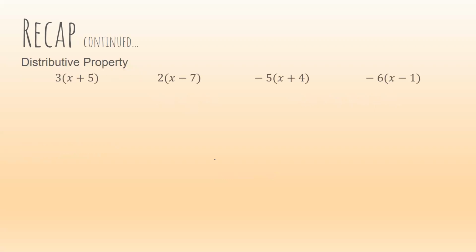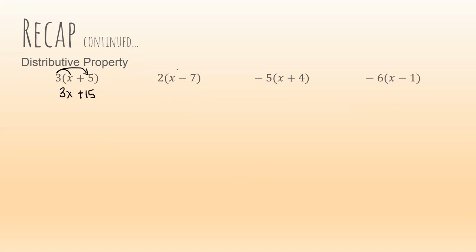Distributive property. This is going to be very important into what we're going to be doing today. If we see a term on the outside followed by a parenthesis, that means it is multiplication. So we would have to distribute that value or term on the outside to everything on the inside. So if I were to do 3 times x, that's 3x, and 3 times a positive 5, that gives us a positive 15.